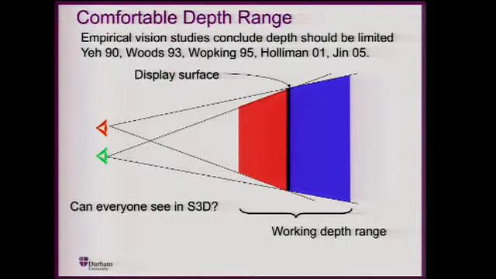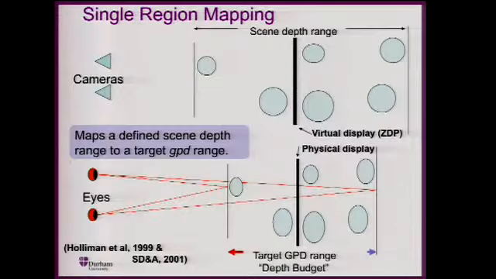The reason that's there is because there are limitations with what the eyes can and can't see. So we've come up with these mapping methods, which I won't say too much about, but we'll take the geometry of a camera and a scene that it's taking a picture of. As long as you can measure the depth in the scene, we have methods which will guarantee something about the quality of the depth within this depth budget on the 3D display.